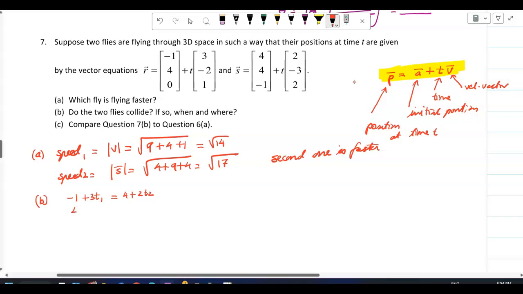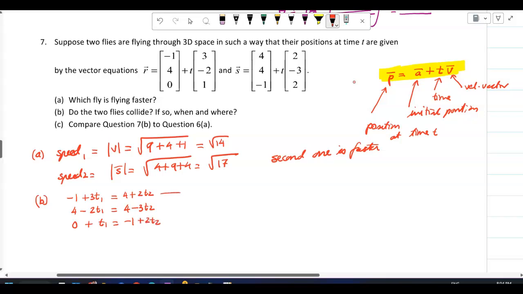Correct? And then 4 minus 2t1 for the first flight. We don't know whether they started flying at the same time or not, so we don't assume they are equal. This is equal to 4 minus 3t2. Next one: 0 plus t1 is equal to minus 1 plus 2t2.